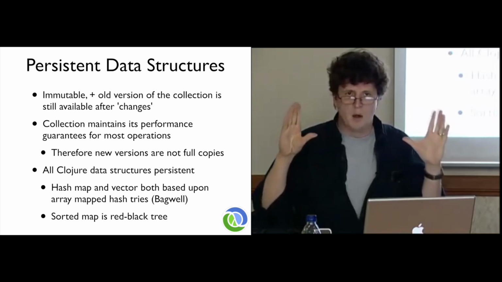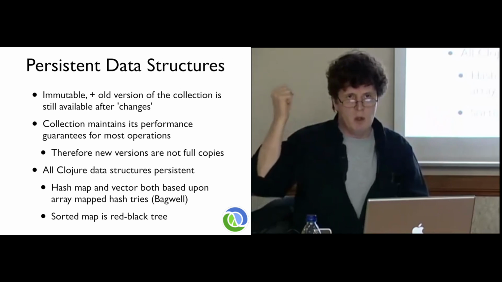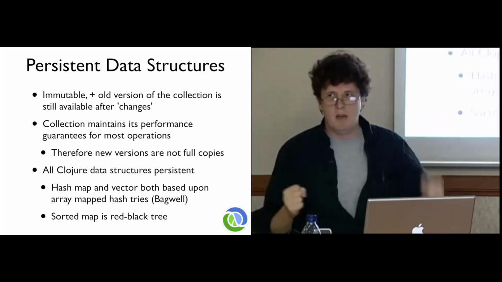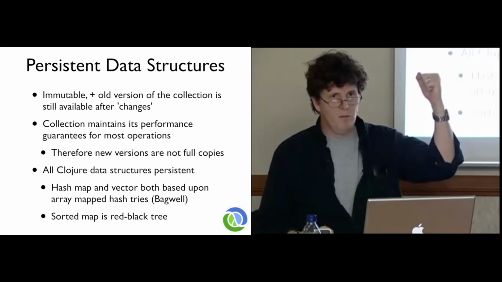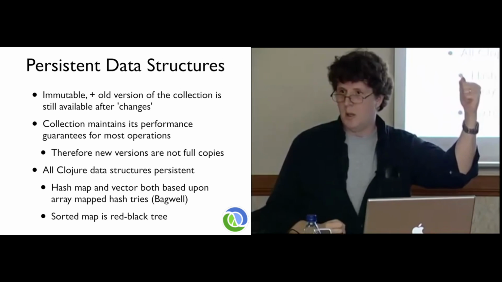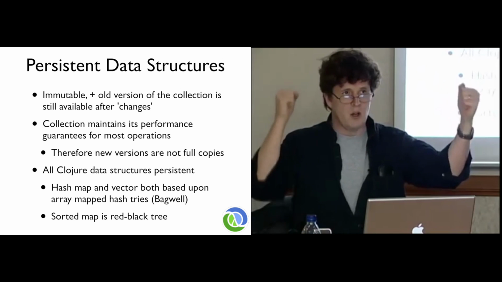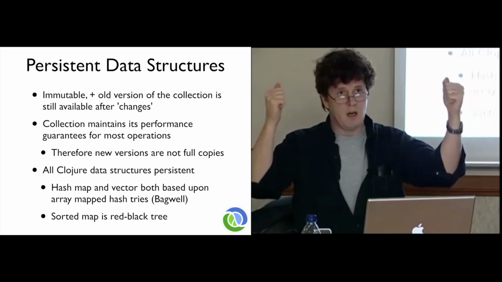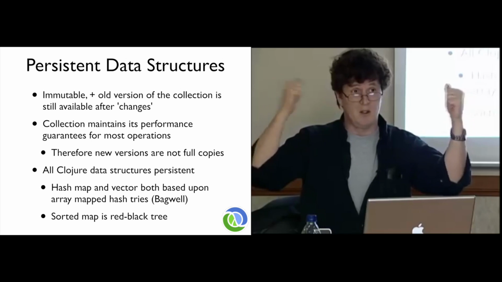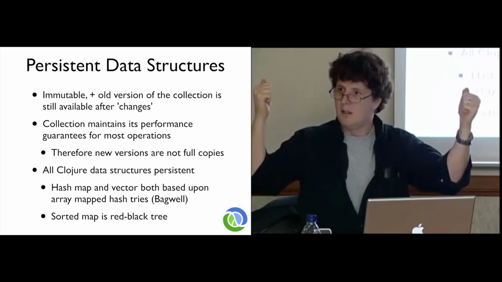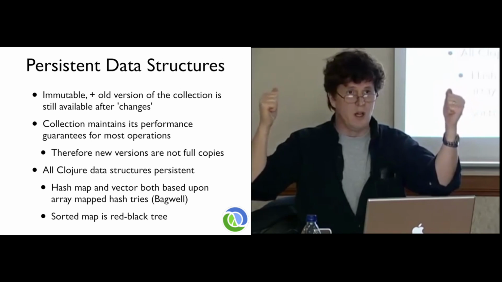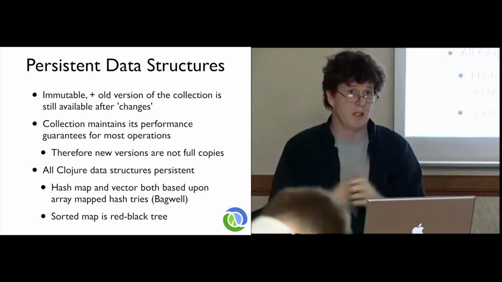But already, this is sort of a magical thing now. I have an immutable collection, and I have a really inexpensive way to make a new version of that with a small change to it. And they share structure, which means they have good memory characteristics, and all the performance guarantees are still met. This is like magic. It's really, really good stuff.